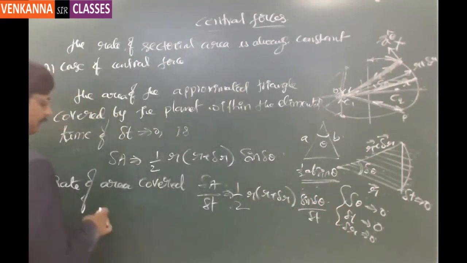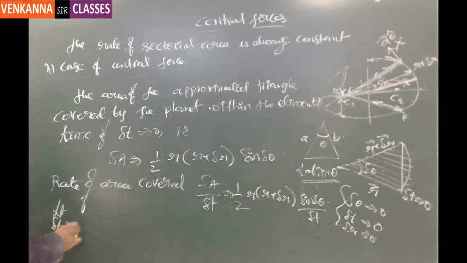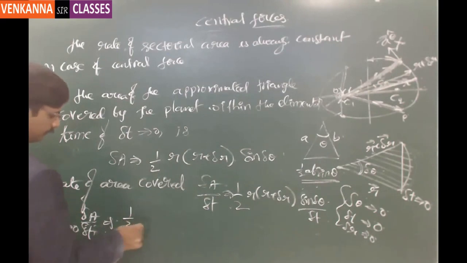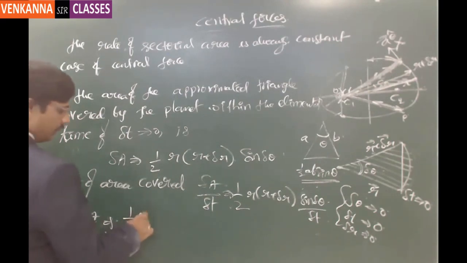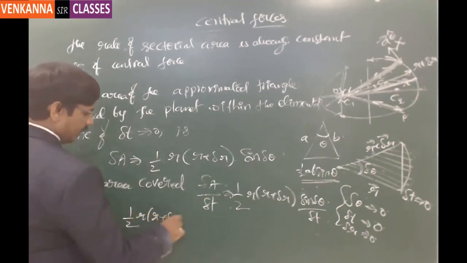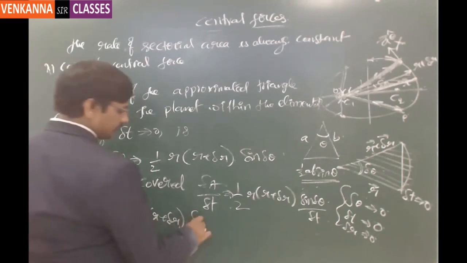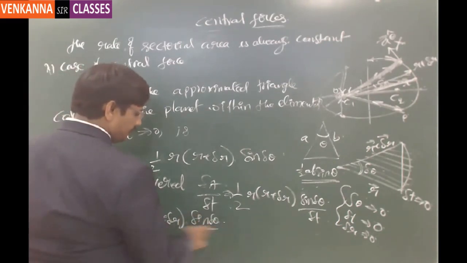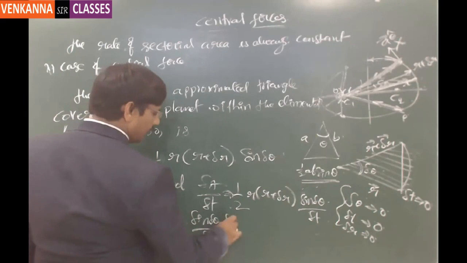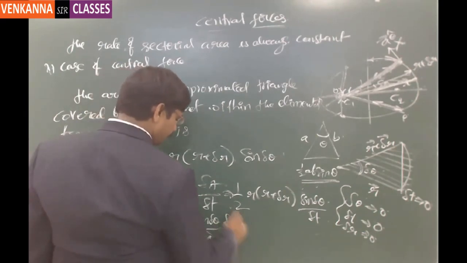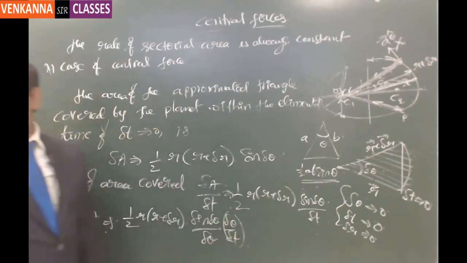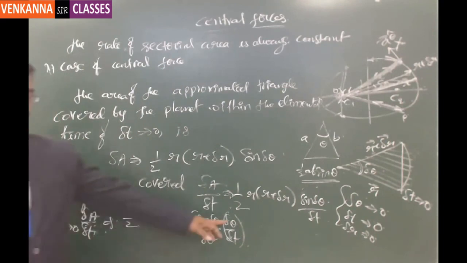So if I take the limit delta t tending to 0, delta A by delta t is equal to half of r into r plus delta r into sine of delta theta by delta theta into delta theta by delta t. So I have multiplied and divided with delta theta.